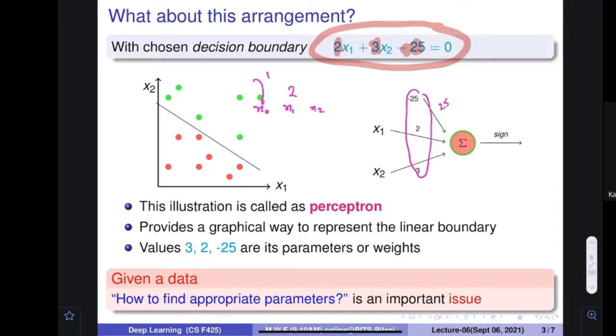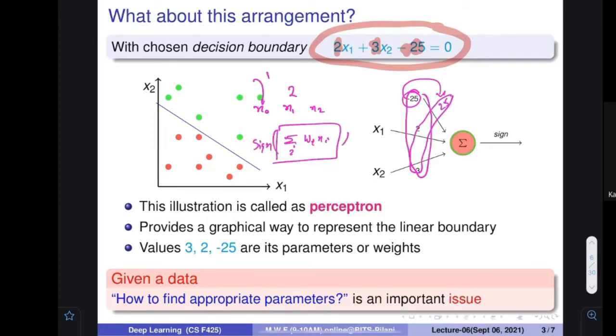By this setting, this 25 shifts to here, and now all the parameters are on the links. We find the summation of the weights wi multiplied by xi, over all the xi, and then outside you see the sign of this particular quantity. Clear? Any questions till now?